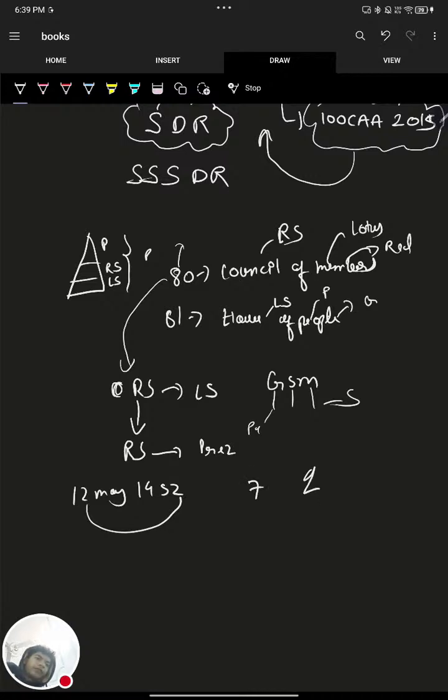The first Constitutional Amendment Act was in 1951, and it was on the removal of the zamindari system, which is land reform. It is in the ninth schedule, sorry, the ninth part of the ninth schedule.